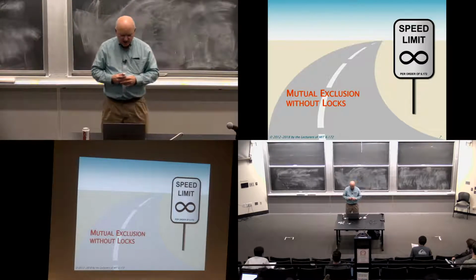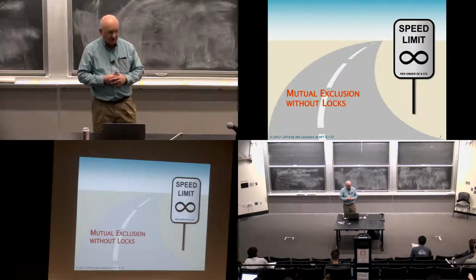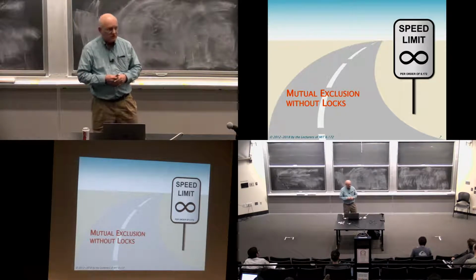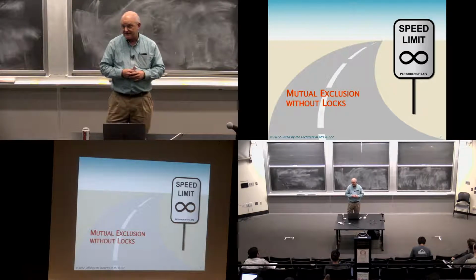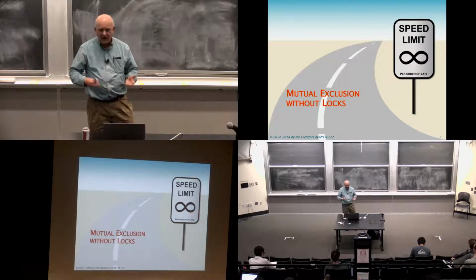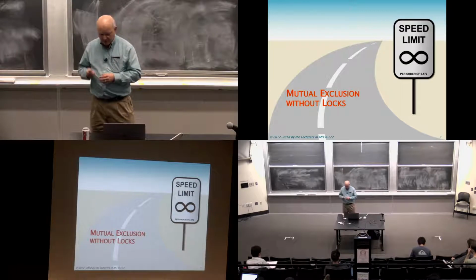One of the celebrated results early in concurrency theory was the fact that you could do mutual exclusion without locks, or test-and-set, or compare-and-swap, or any of these special instructions. Really remarkable result.